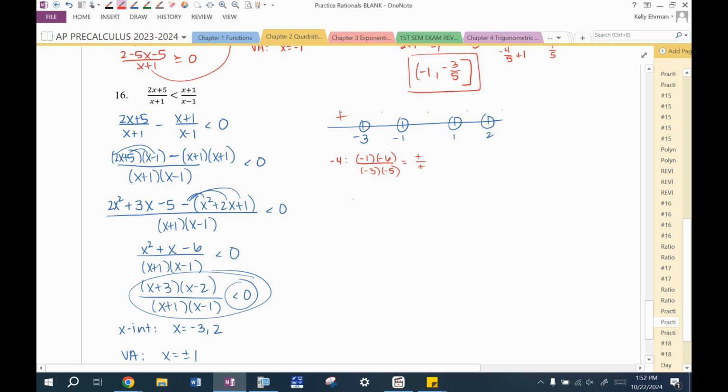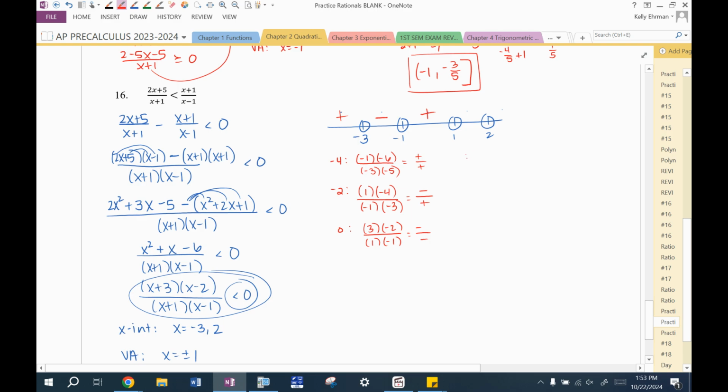What's between -1 and -3? -2. -2 plus 3 is 1. -2 minus 2 is -4. -2 plus 1 is -1. -2 minus 1, -3. Negative on top, positive on the bottom, negative overall. Plug in 0. 3 times -2 over 1 times -1. Negative on top, negative on the bottom, positive overall.